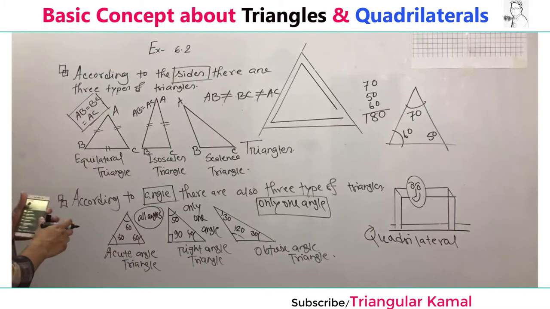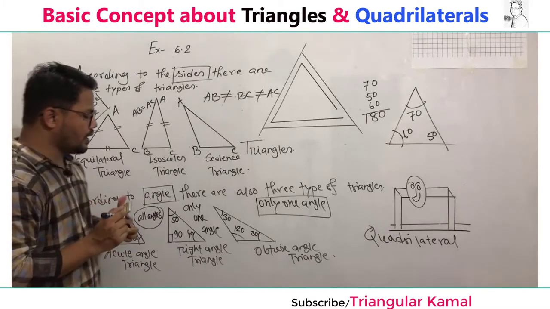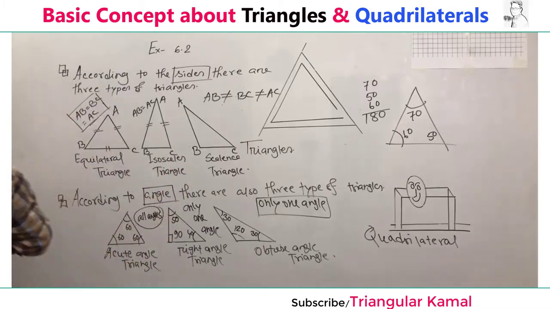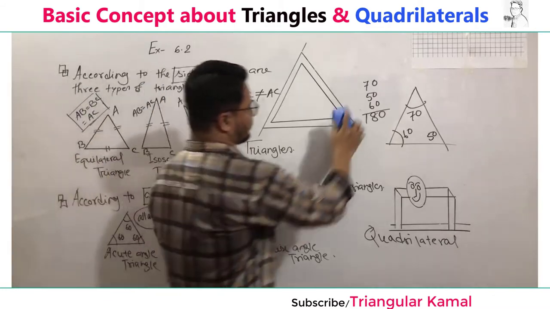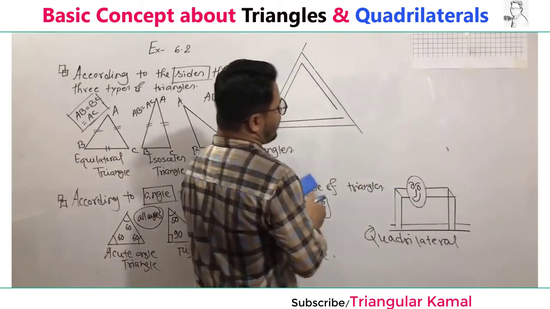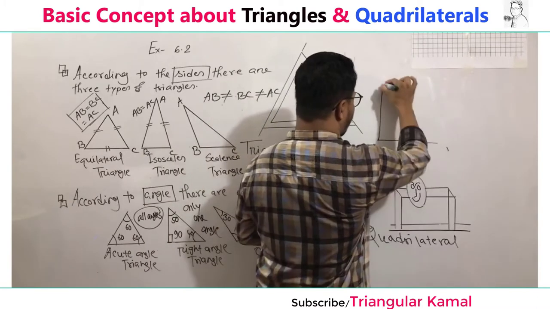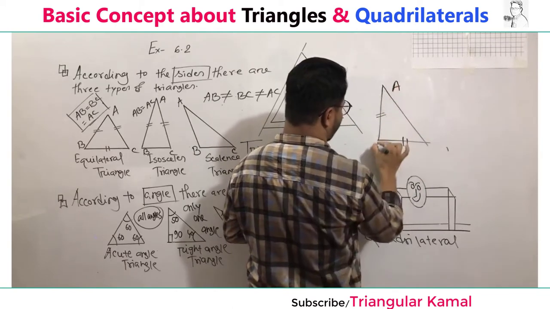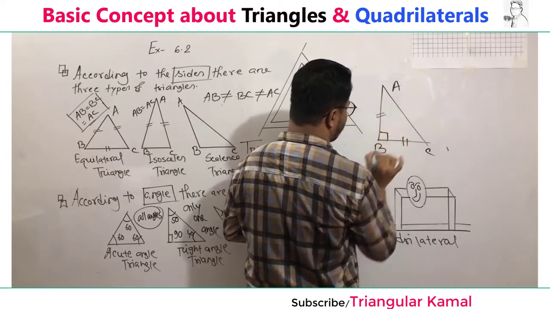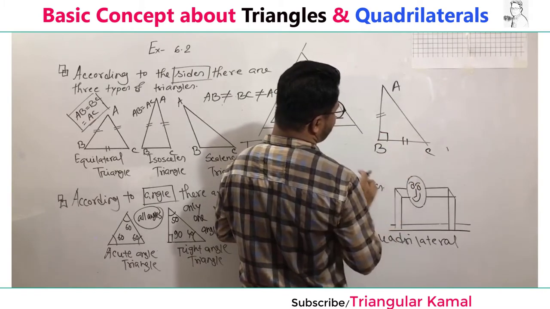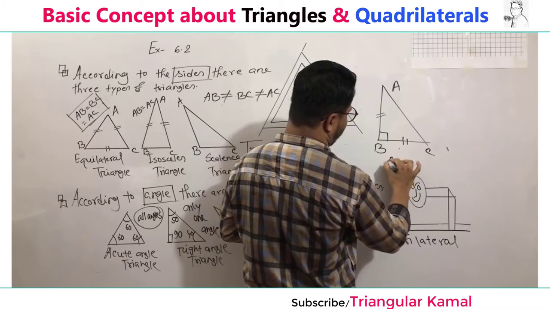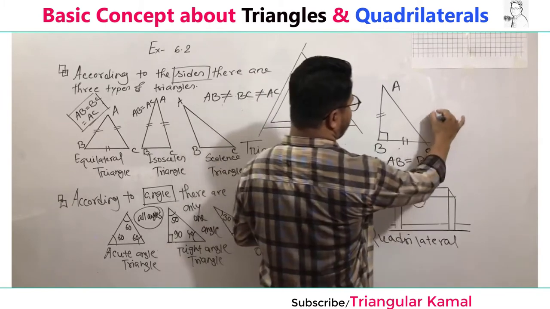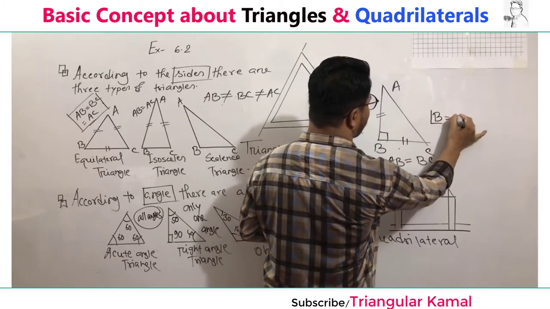But sometimes in the exam hall we see the words right angle and isosceles triangle. Let me clear this: right angle and isosceles triangle. Dear students, if you see a triangle like this, where two sides are equal, A, B and C, and this angle is 90 degrees, so we can write AB equals BC and angle B equals 90 degrees.